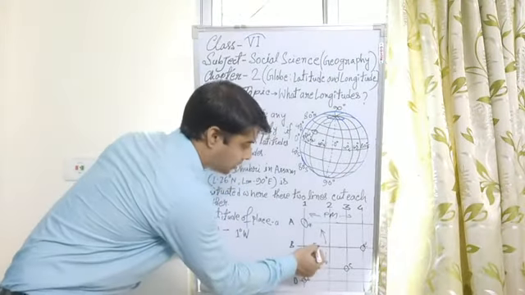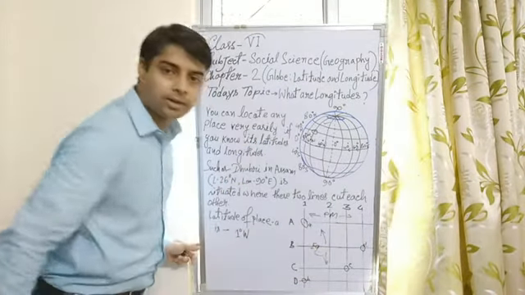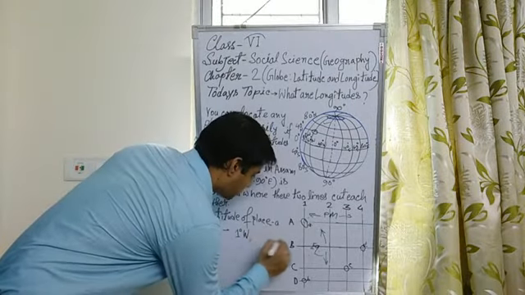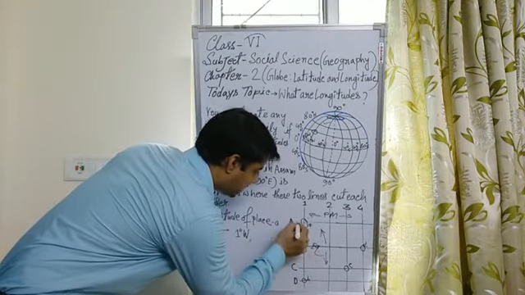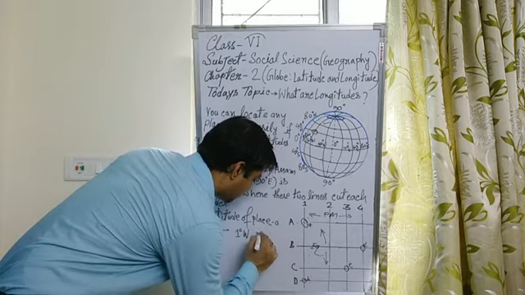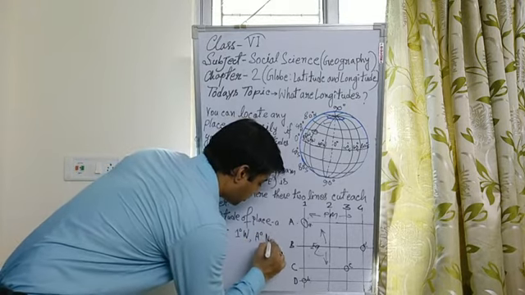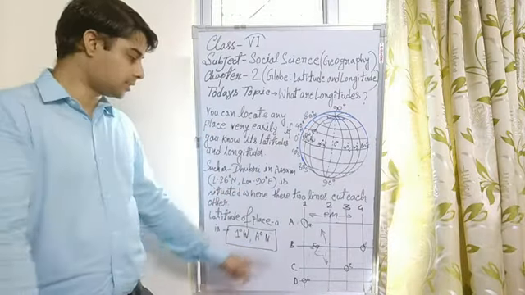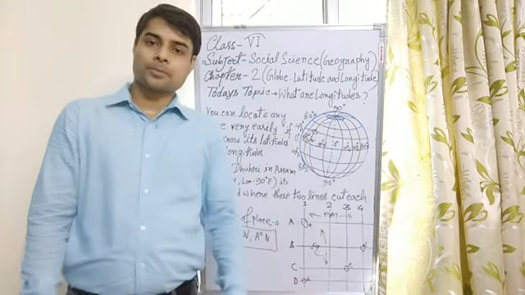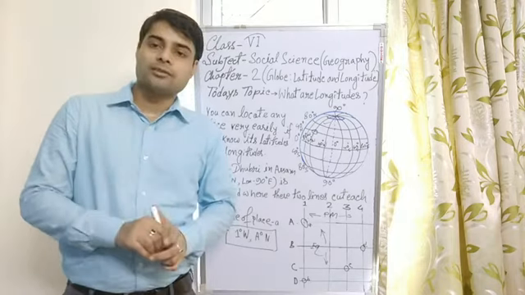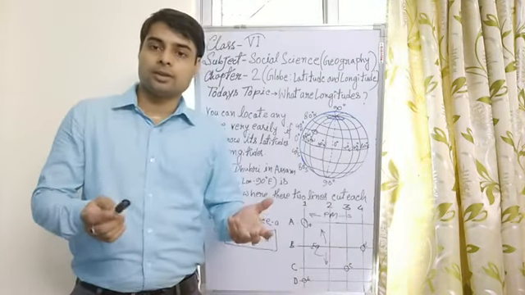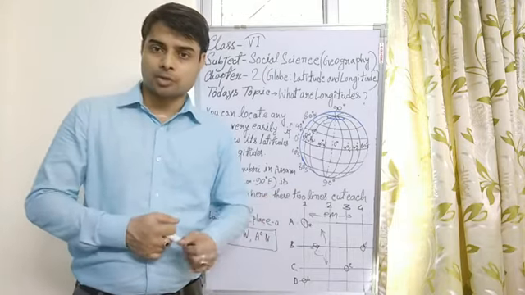In a similar way, this place is also situated on the northern side of the equator, on line number A. So A degree north. That is the location of the place small a. In this way we can find the rest of the places also, and any place on the surface of Earth.